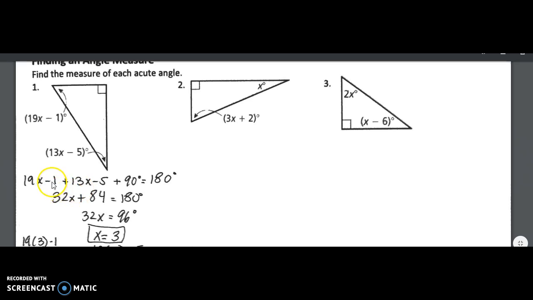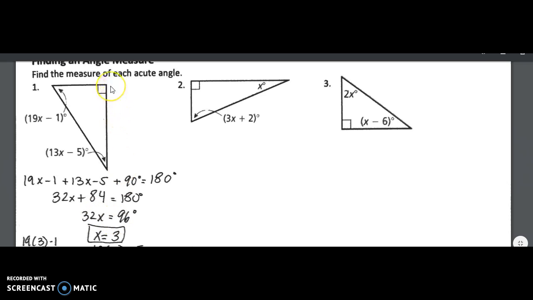Combine like terms: negative 1, negative 5, plus 90 gives you 84. 19x plus 13x gives you 32x. Subtract 84 from both sides. You get 32x is equal to 96. And you get x is equal to 3 after you divide both sides by 32.